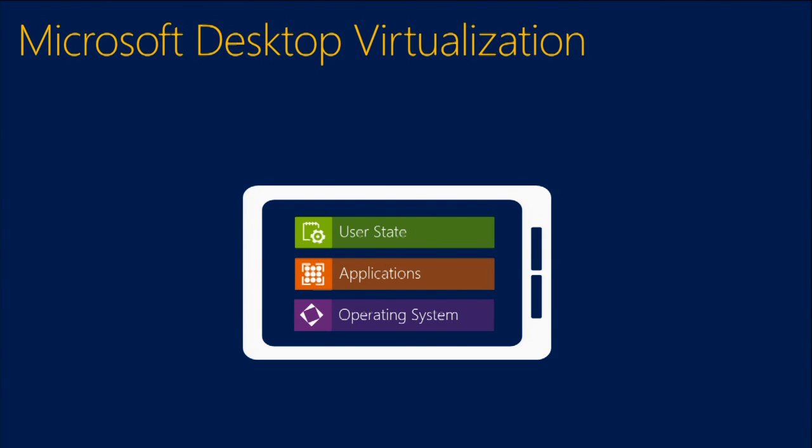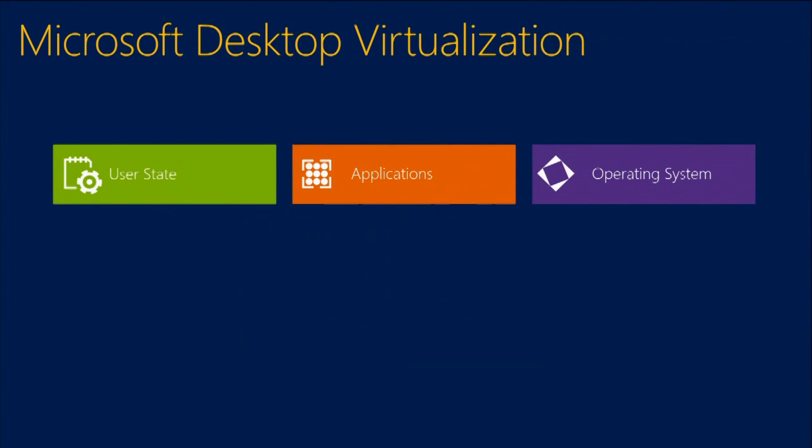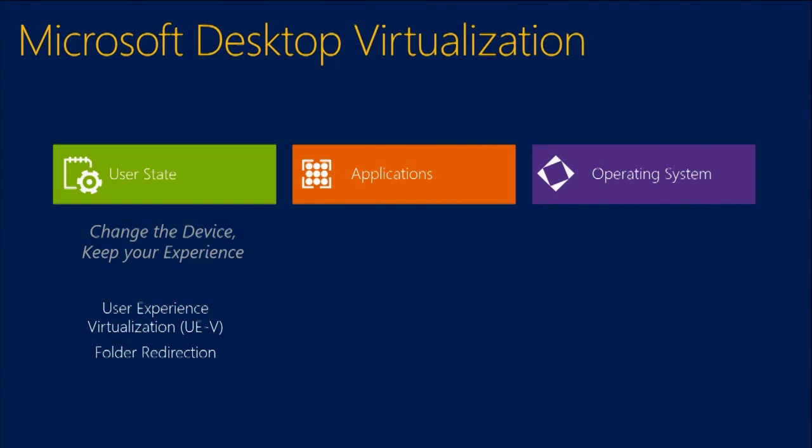Obviously, they need an operating system provided for them. Obviously, they need applications provided for them. Obviously, they've got to have their stuff, their user state. When I talk about user state, that's your goods, that's your stuff. So the concept of user state is: change the device, keep your experience.